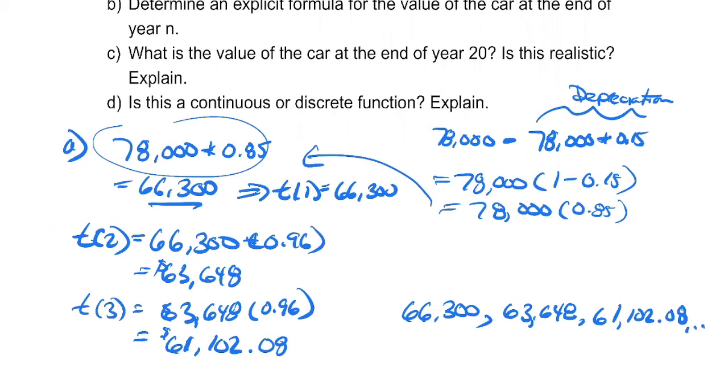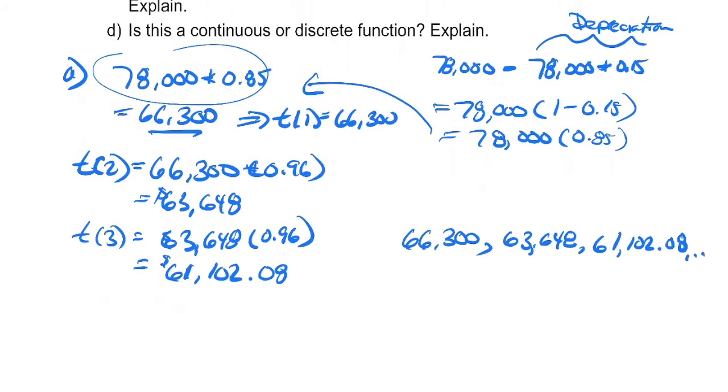How can we determine the explicit formula for the value at the end of a given year? Well, the common pattern that's happening is we keep multiplying by 0.96. Notice we can generate a formula for this. We can say T of n is going to start off as 66,300, and then we're going to multiply this by 0.96.